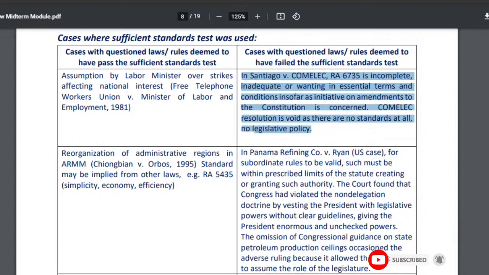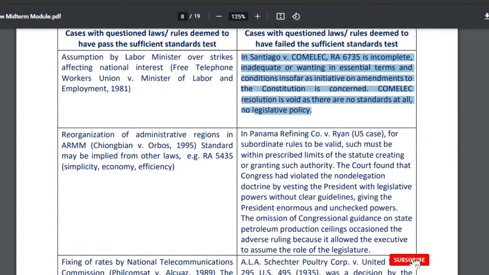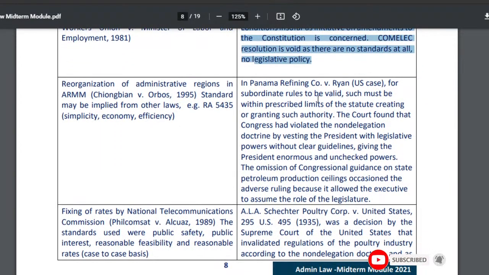In the case of Panama Refining versus Ryan, this is a US case. For subordinate rules to be valid, katong mga rules nga gipasa sa administrative agency, such must be within prescribed limits of the statute. So, the statute prescribes the limits. Taman ra ka diri, dili ka pwede mo go beyond that, creating or granting such authority.